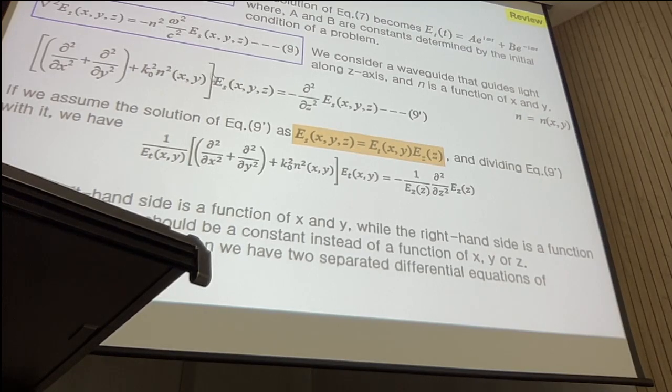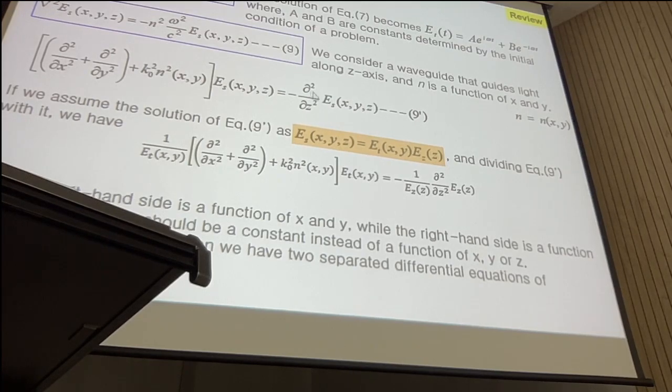Then we can put this one over here, and the del square can be written as the second order derivatives with respect to x, y and z.